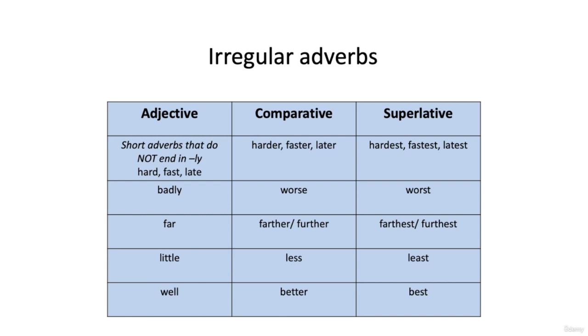Now there are a few exceptions to these rules with adverbs that have irregular comparative and superlative forms. They are badly, worse, worst.